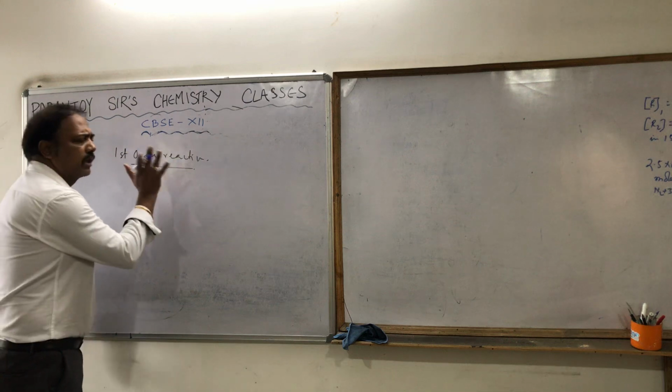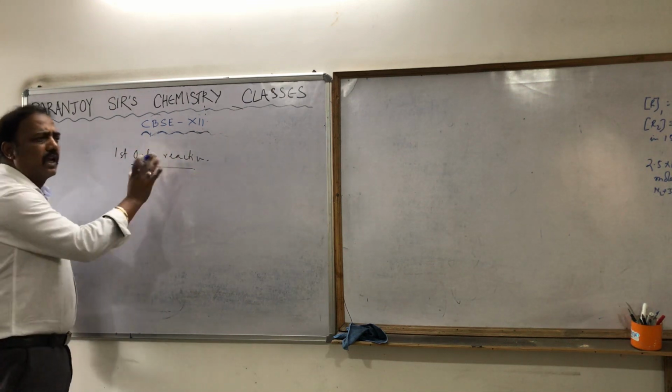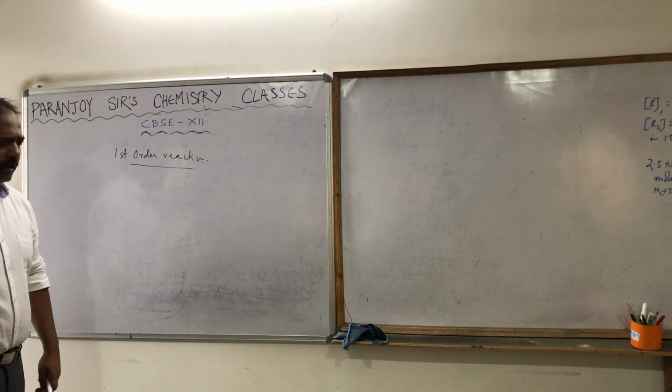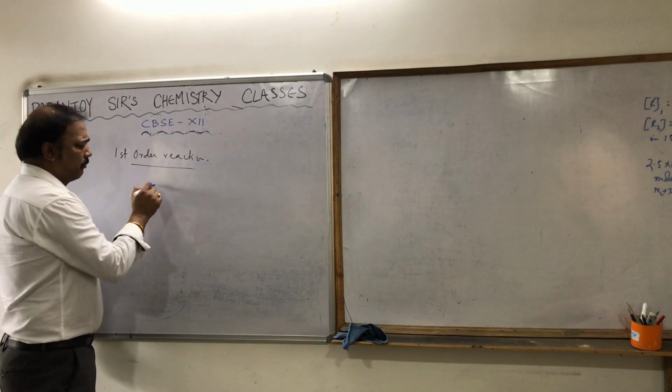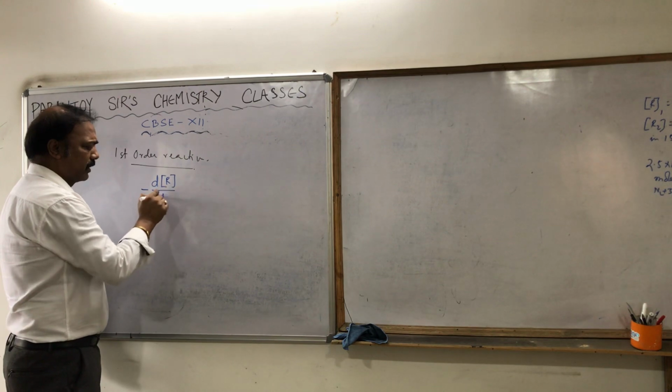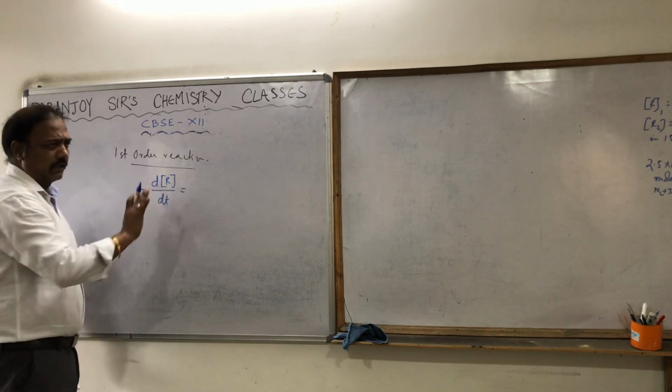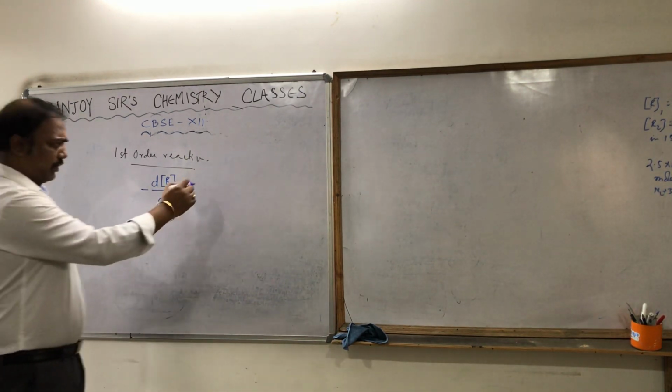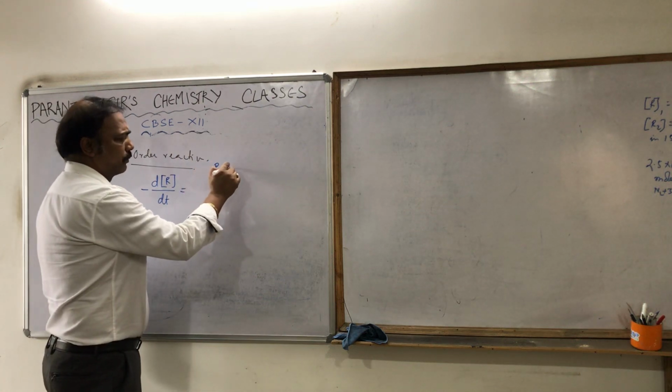So can I write down the rate expression for the first order reaction as we had done for the zero order reaction? Minus dR/dt, that is the rate, should be equal to K times the concentration of the reactant, for a reaction of reactant to product.